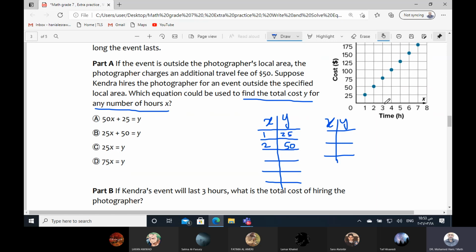The third point, 3 in x, 75 in y. Then we have 4 in x, we have 100. Then 5 in x, 125.